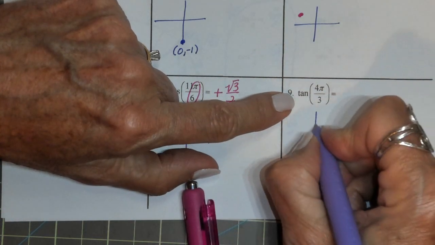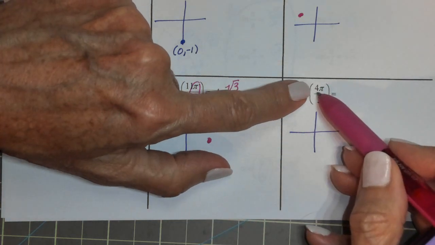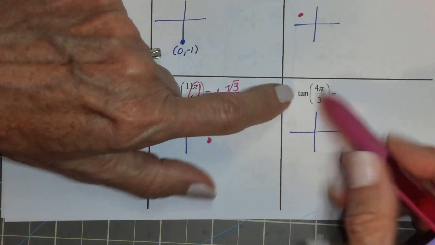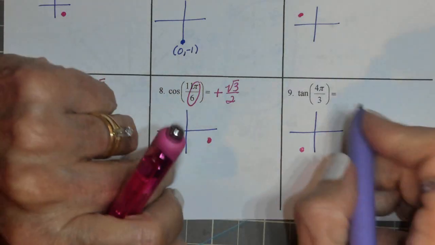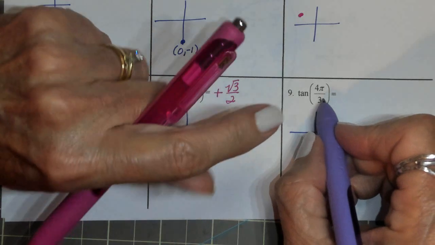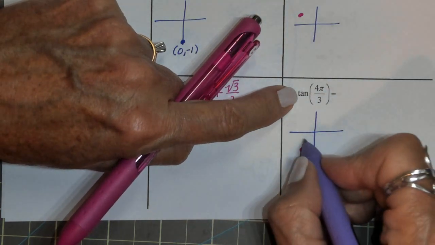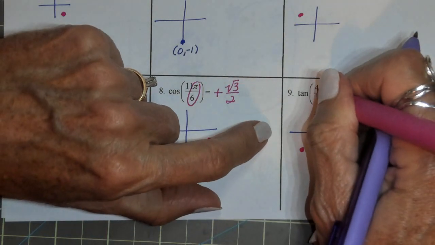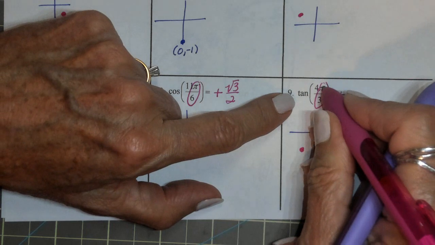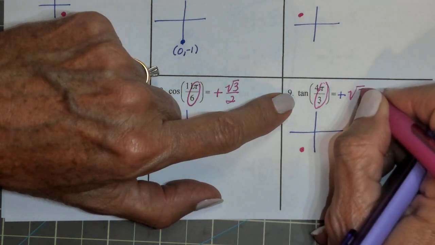What quadrant are we in? 4 pi over 3 is 1 pi over 3 higher than 3 pi over 3, so it is in quadrant 3. And tangent in quadrant 3 is positive. It's a pi over 3 reference angle, and tangent of pi over 3, single 3, single 3.